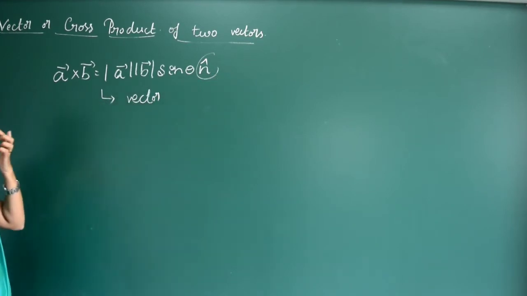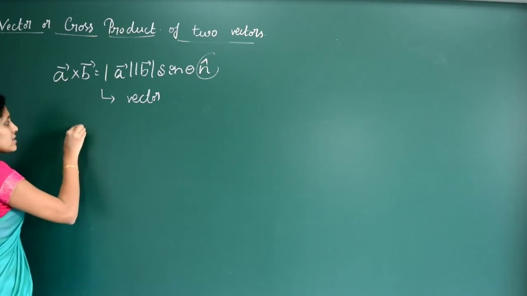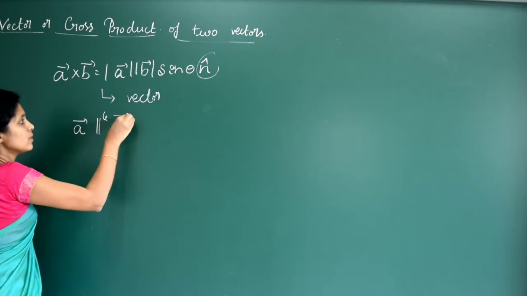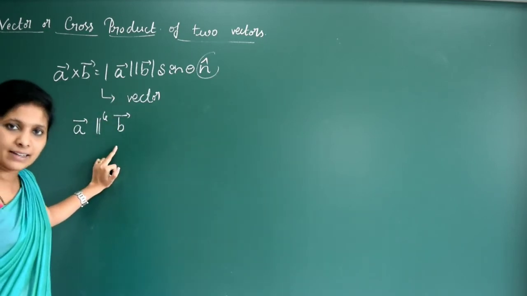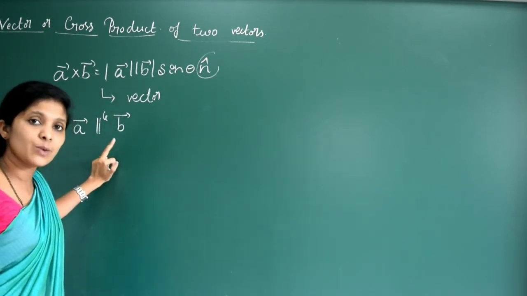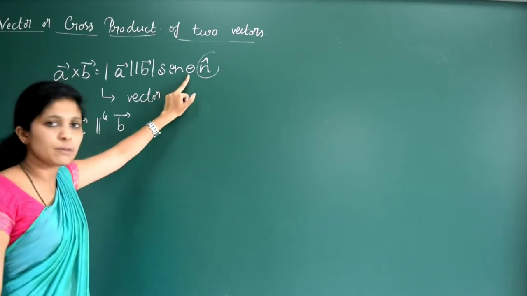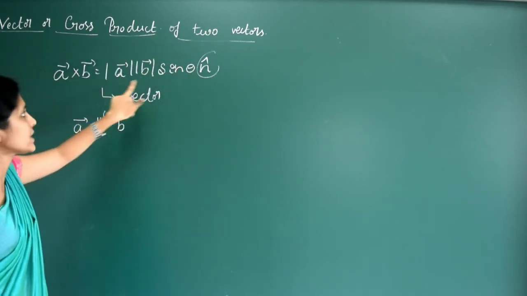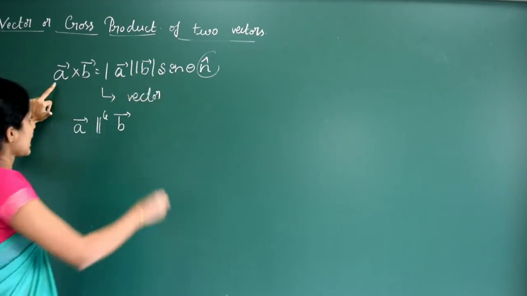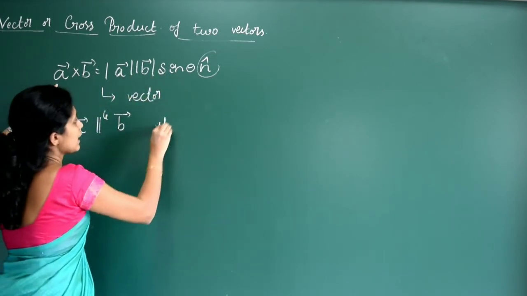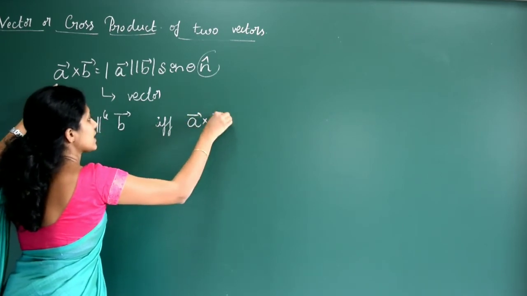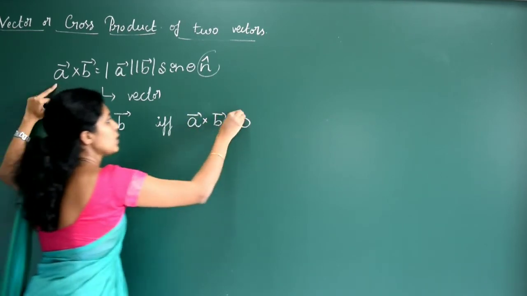If any two vectors are parallel, if I consider A vector is parallel to B vector. Now if any two vectors are parallel or collinear, then what happens? The angle between them will be equal to 0. So sin 0 will be 0, this whole term will be 0. Right? So this is true if and only if A vector cross B vector is equal to 0 vector.